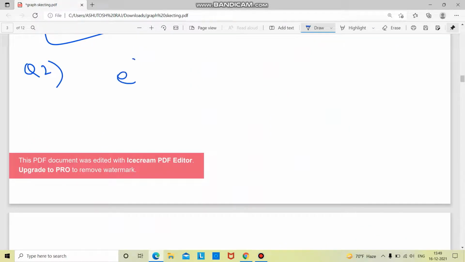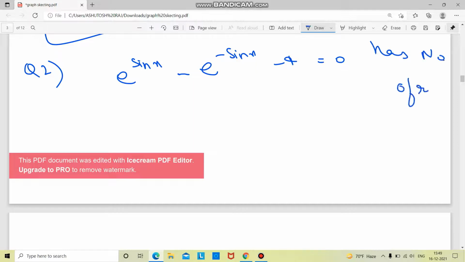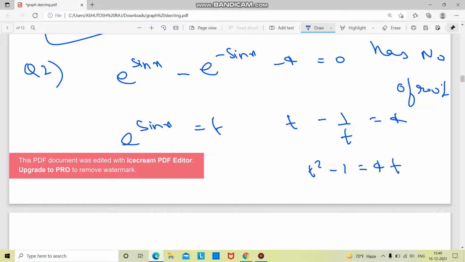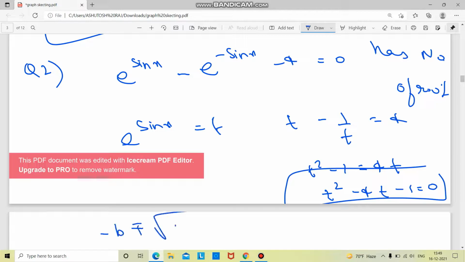The second question is: e to the power sin x minus e to the power minus sin x minus 4 equal to 0 has how many roots? We will consider e to the power sin x as t, so t minus 1 by t is equal to 4, t square minus 1 is equal to 4t, t square minus 4t minus 1 equal to 0, and we will use minus b plus minus under root b square minus 4ac by 2a for e to the power sin x.